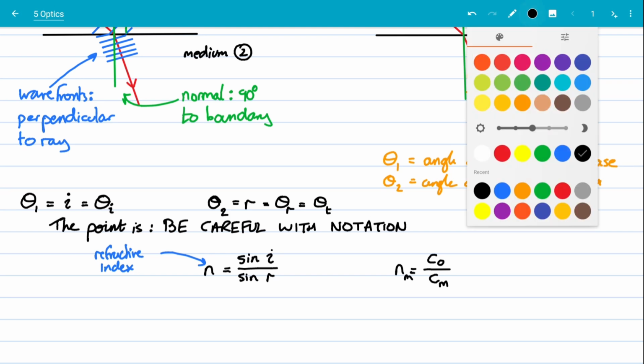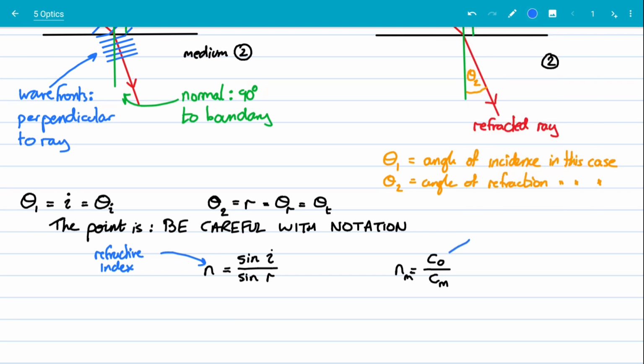And c0 is the speed of light in a vacuum. Speed of light in vacuo. And this one here is going to be speed of light in medium.